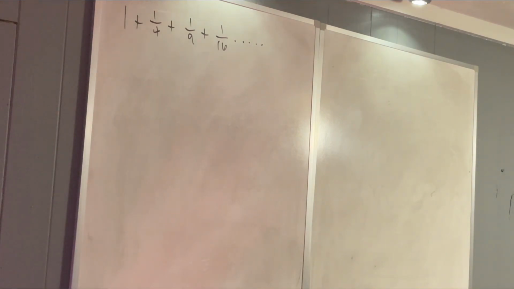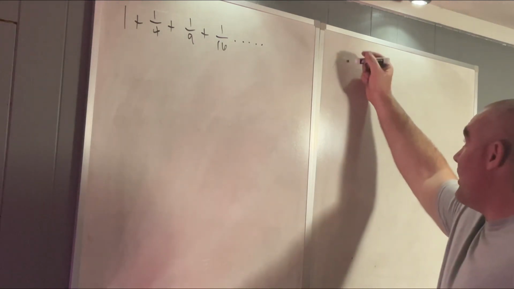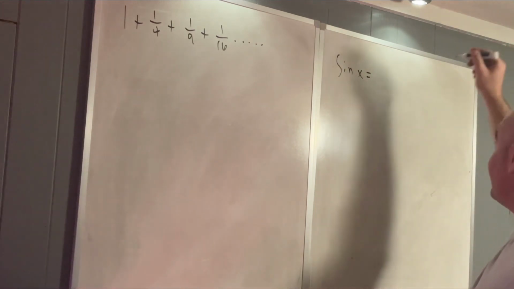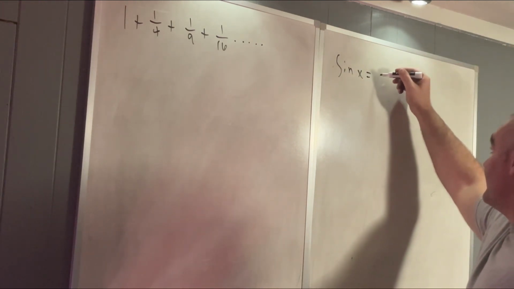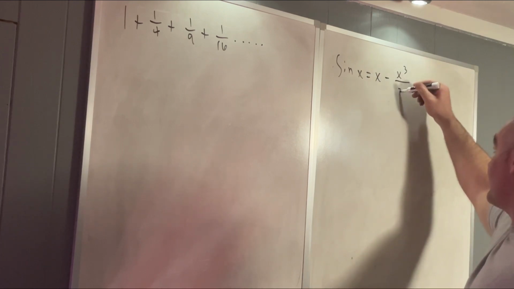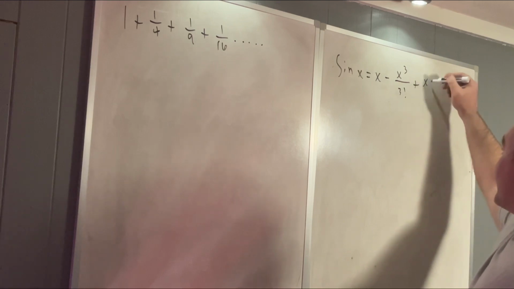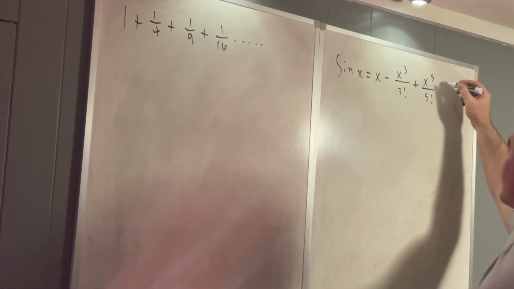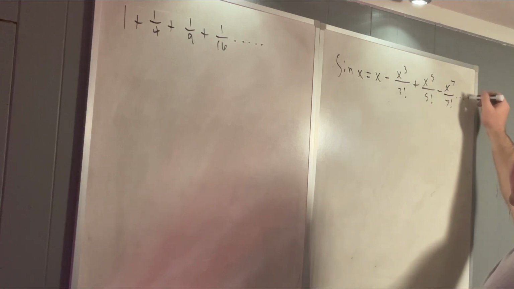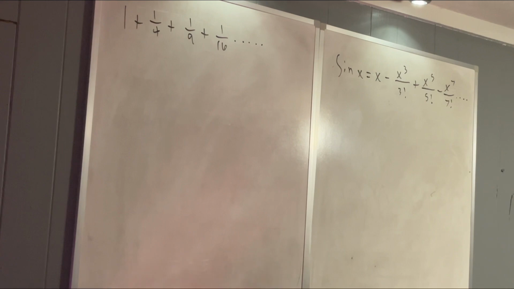So the first thing we're going to need to know to solve this, and this is just where we're going to start, is the Taylor series expansion for the sine function. We know that the sine of x is equal to x minus x cubed over 3 factorial plus x to the 5th over 5 factorial minus x to the 7th over 7 factorial, and on and on forever.